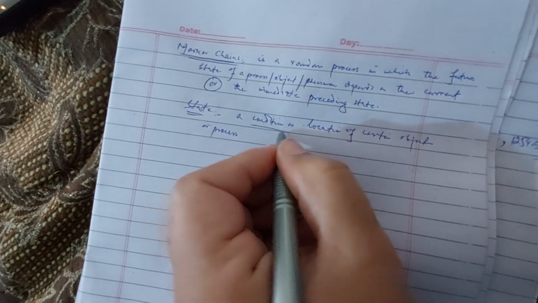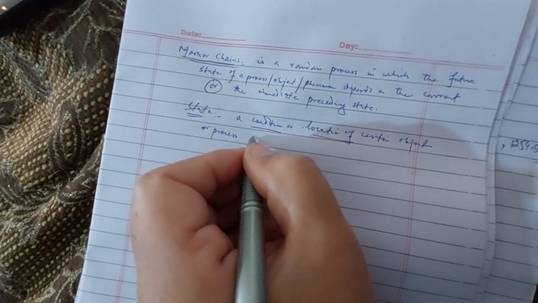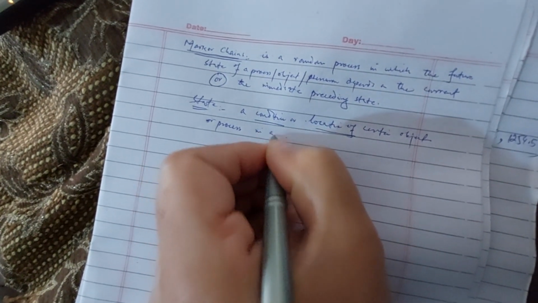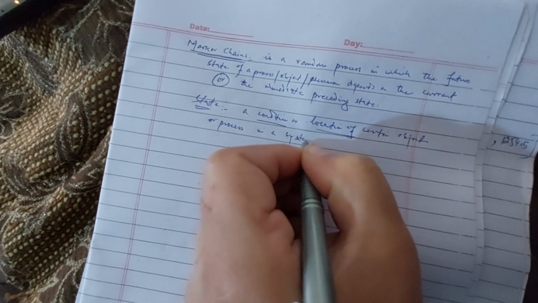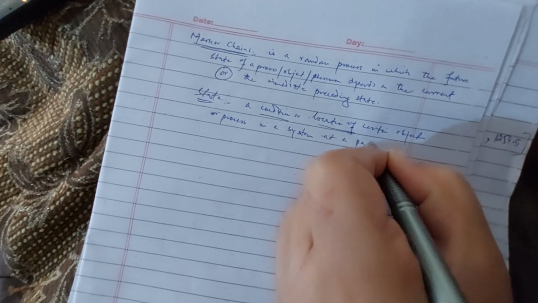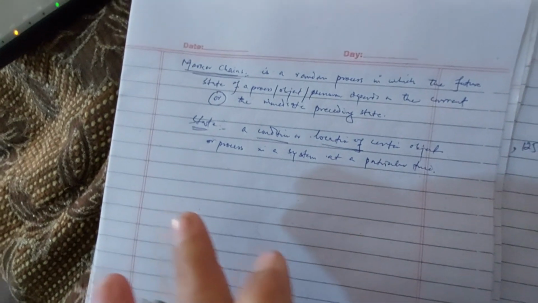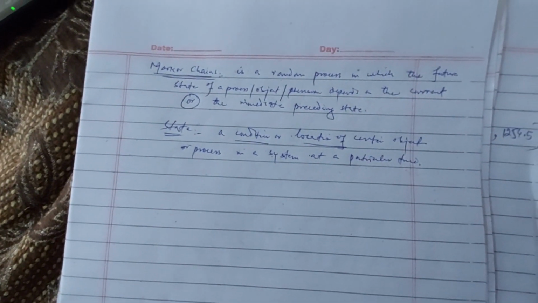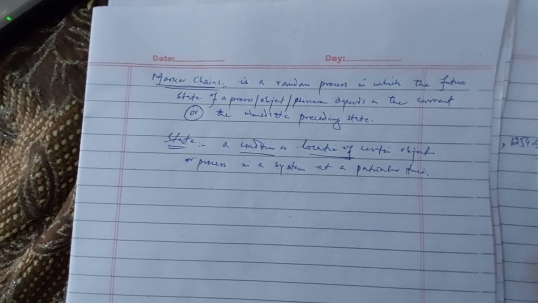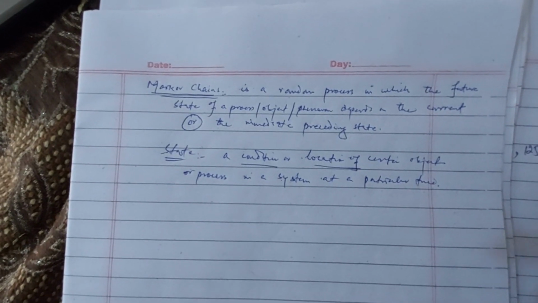Okay, condition for a process and location for the object, in a system at a particular time. Particular time, because Markov chains are very related to the time period. Okay, it is a time period based phenomena or process.